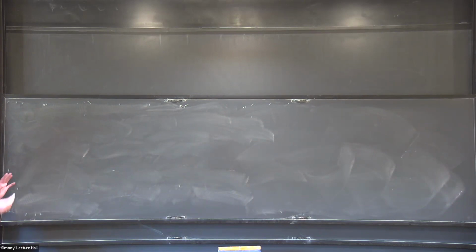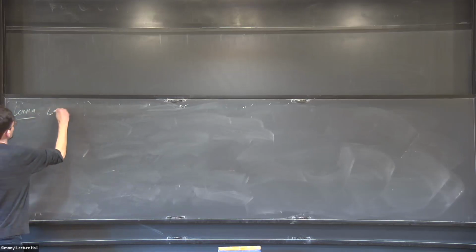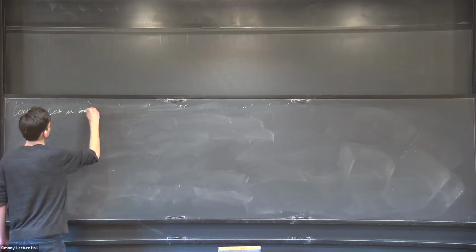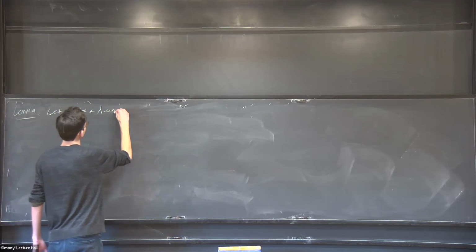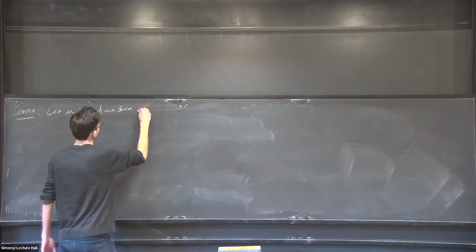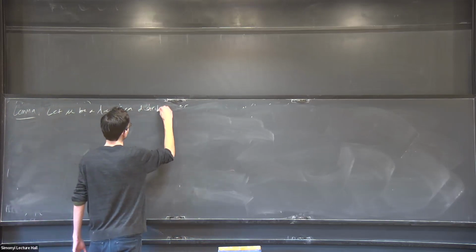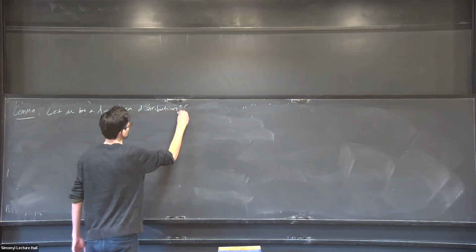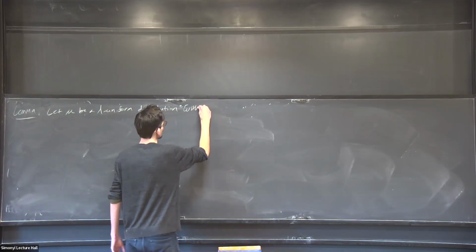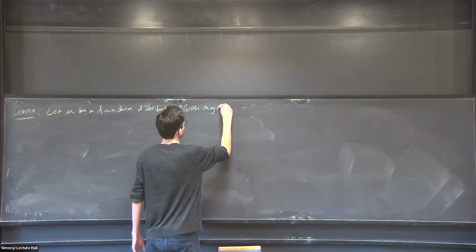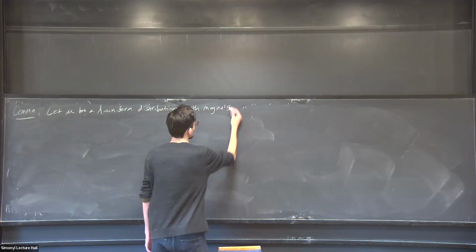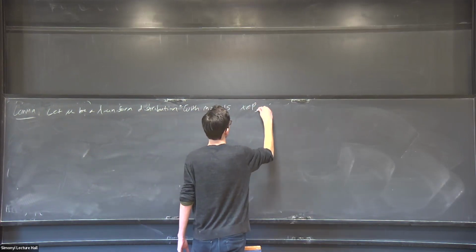So I guess worth the time investment. But here's the lemma. So let mu be a lambda uniform distribution with marginals x in the subtour polytope.